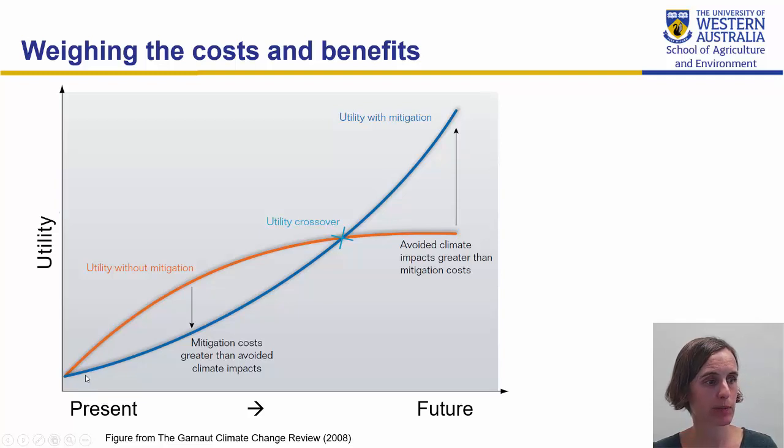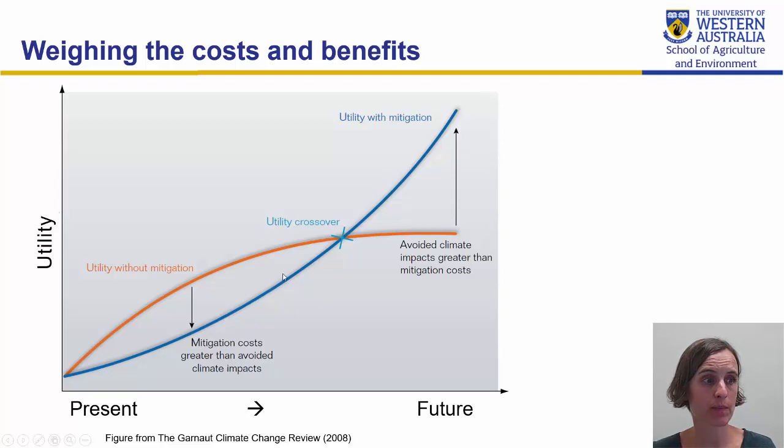Now let's look at the blue line. The blue line is the line of utility when we have taken mitigation actions. In the beginning, those mitigation costs will be quite high and therefore reduce our utility. That's why the blue line is below the orange line in the beginning. The costs are higher than the benefits.